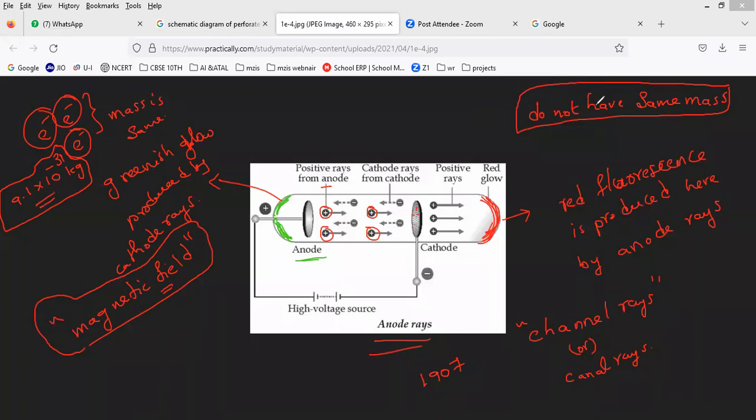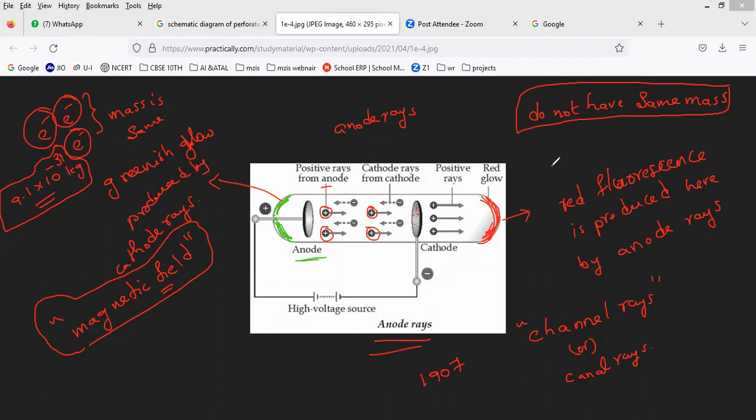But if you take positive rays, anode rays, are all of them the same mass? If I take hydrogen gas inside the tube, different gases give different masses. That is what was found when conducting the experiment with anode rays and a magnetic field.